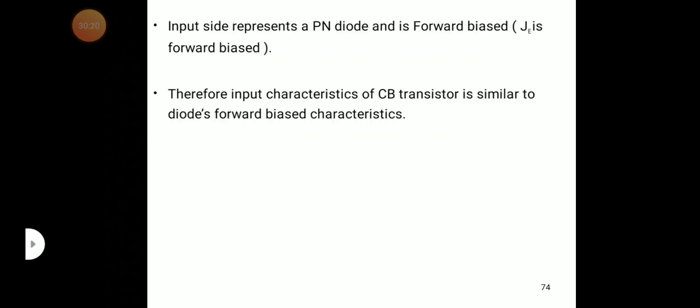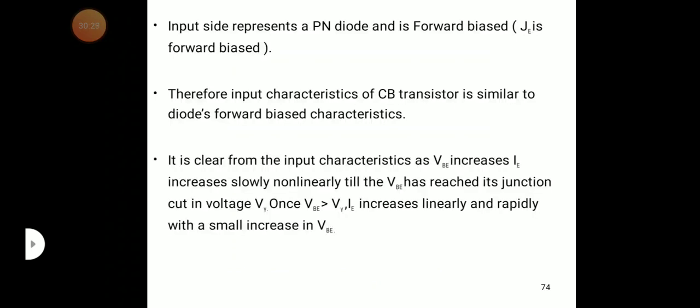We already know that the emitter junction should always be forward biased. Therefore, the input characteristics of a common base transistor are similar to a diode's forward bias characteristics.